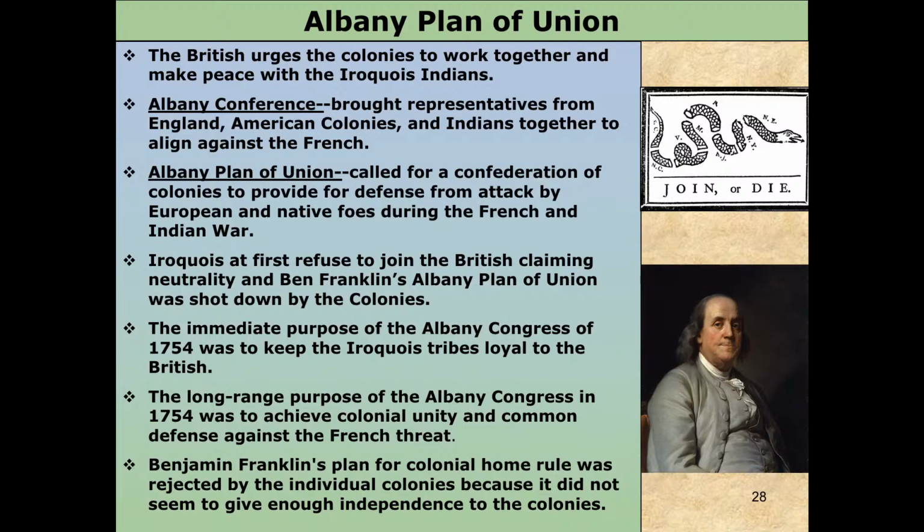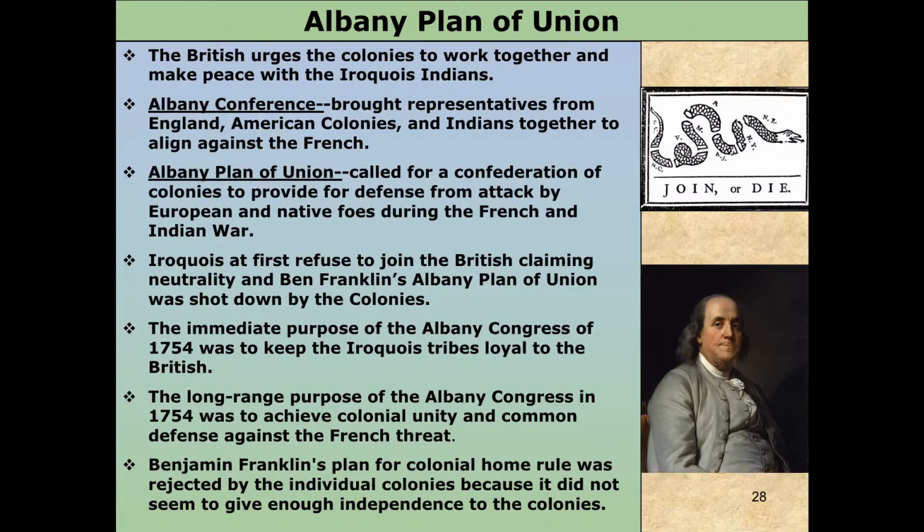But what's going to end up happening is that, in essence, the idea is still thrown out there. The colonies are still kind of thinking about this, and they rejected the idea because they felt that it didn't give the individual colonies enough independence.